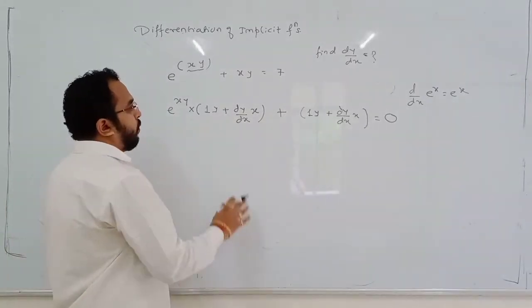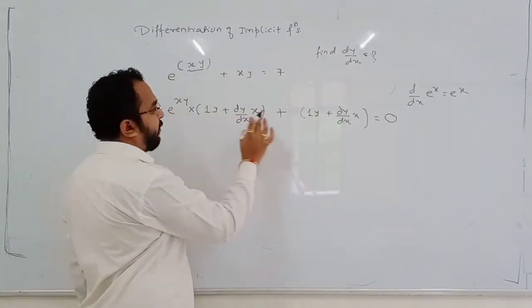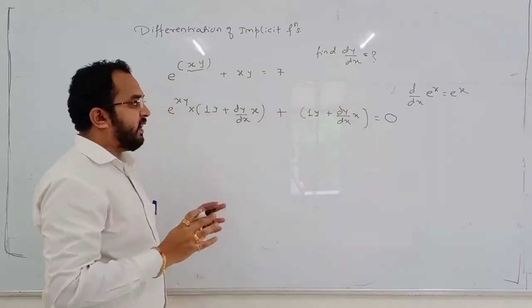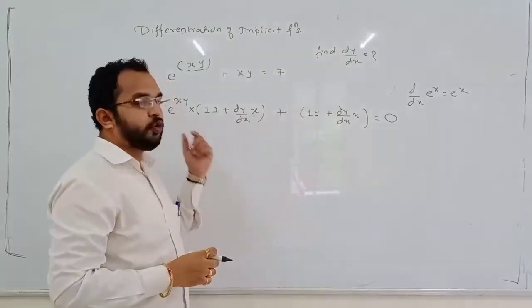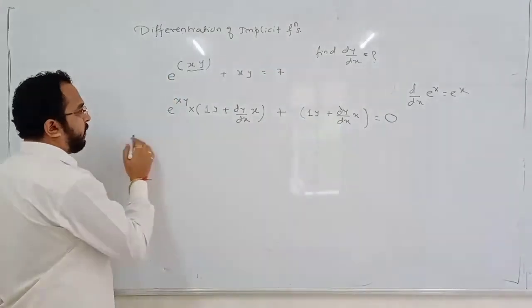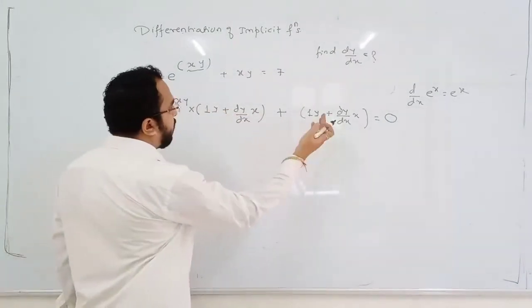Okay. Now from this term and from the second term we can take something common. Can we take this bracket and this bracket common or not? So what do we take common? 1 into y is y, 1 into y is y.